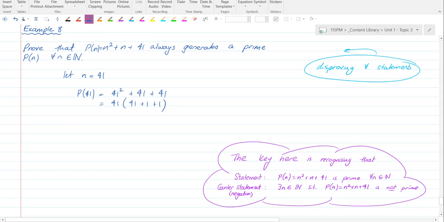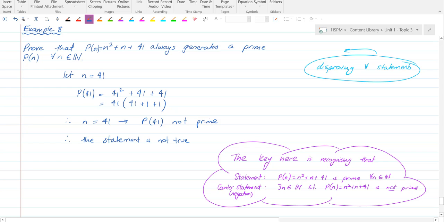So therefore, n equals 41 gives P of 41 is not prime, and therefore the statement is not true.